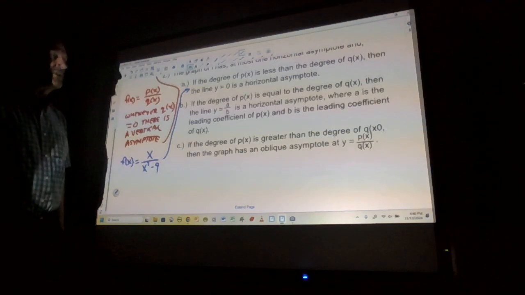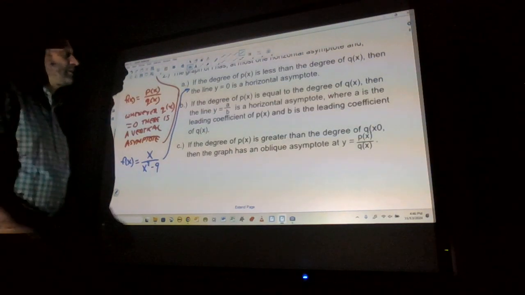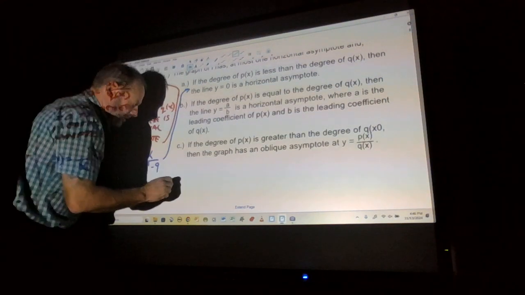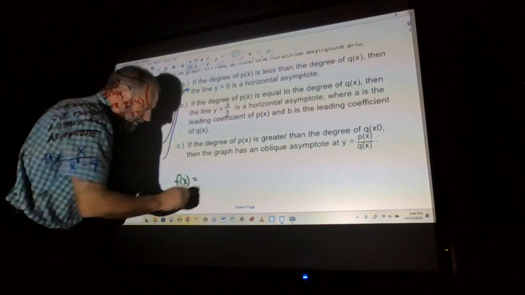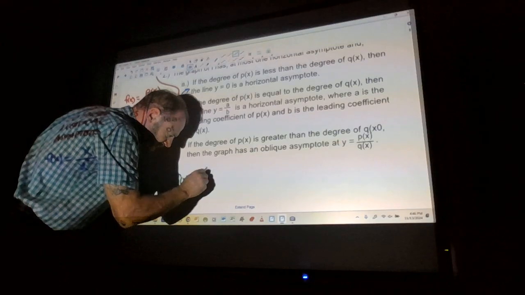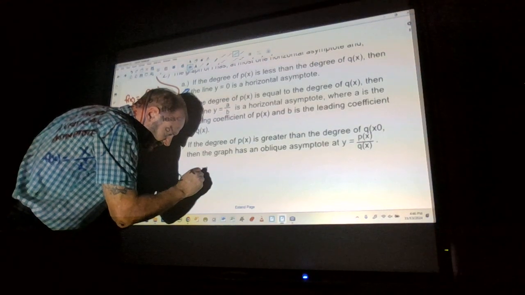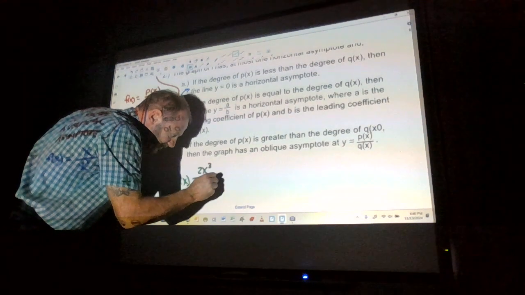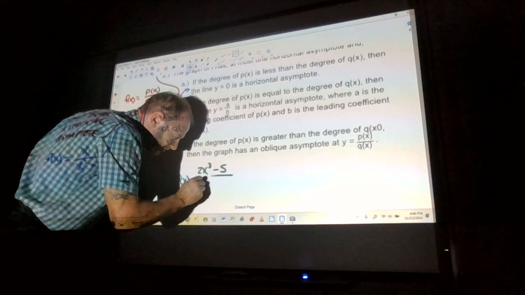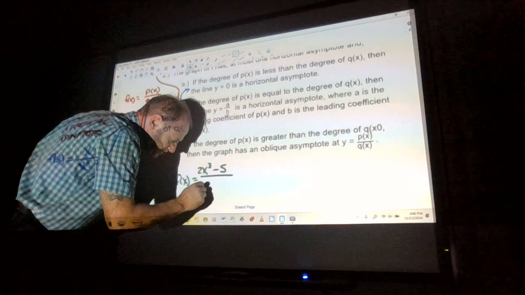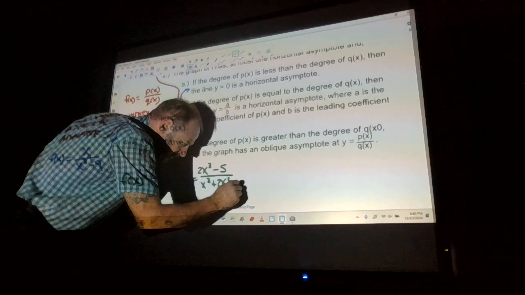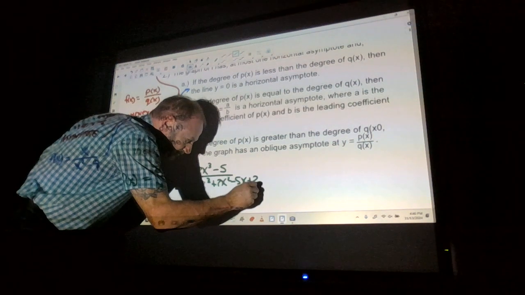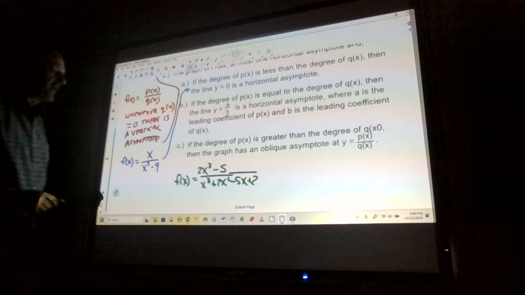Now, if the degrees are equal, for example, if I had f of x equals, I don't know, 2x cubed minus 5 over x cubed plus 2x squared minus 5x plus 2.